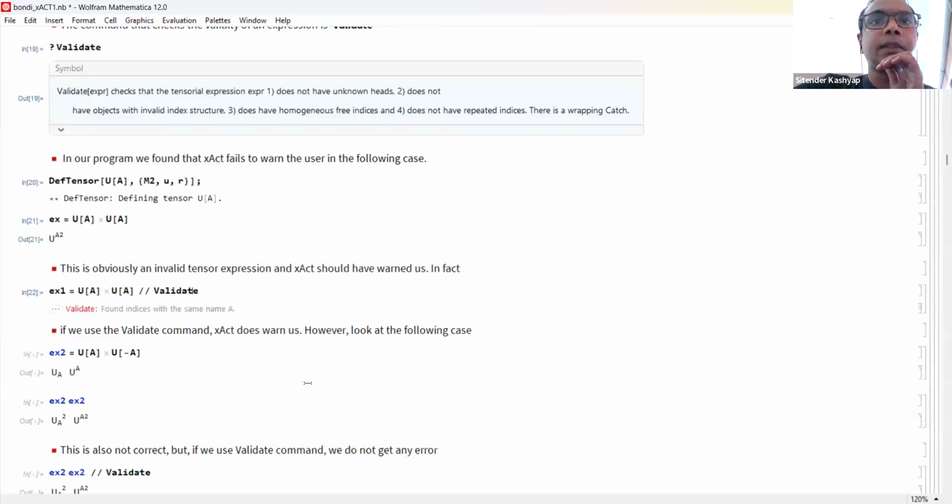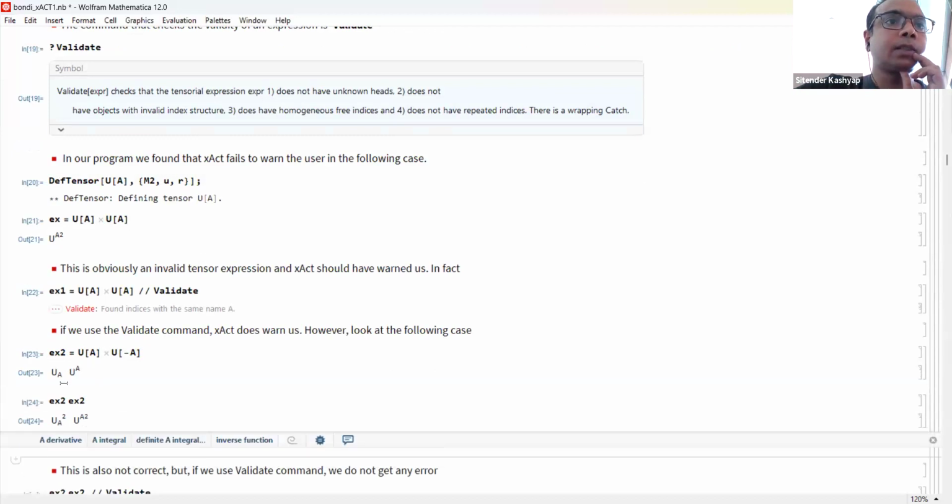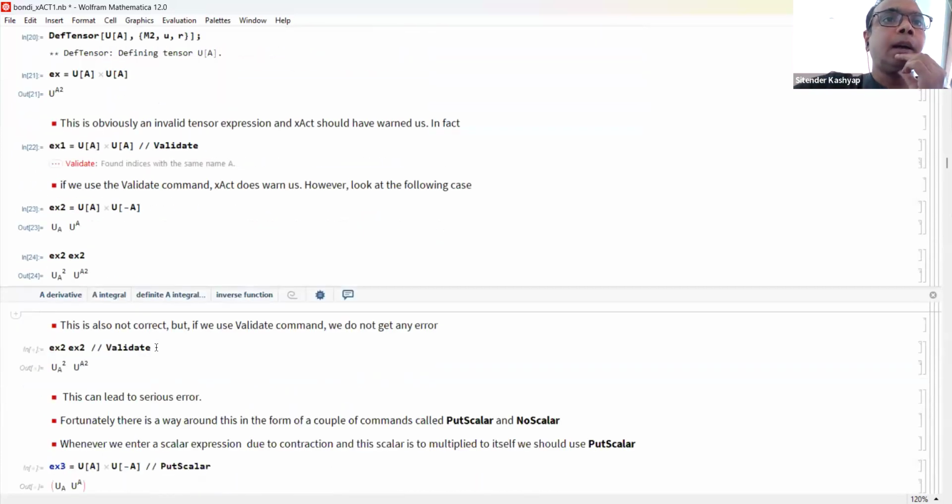However, there is further subtlety. Let's take another example where we have UA and U. This is a perfectly nice object, and it's a scalar. But see what happens if we multiply these two. Once again, it is just collecting UA and squaring it. So this is again nonsense.